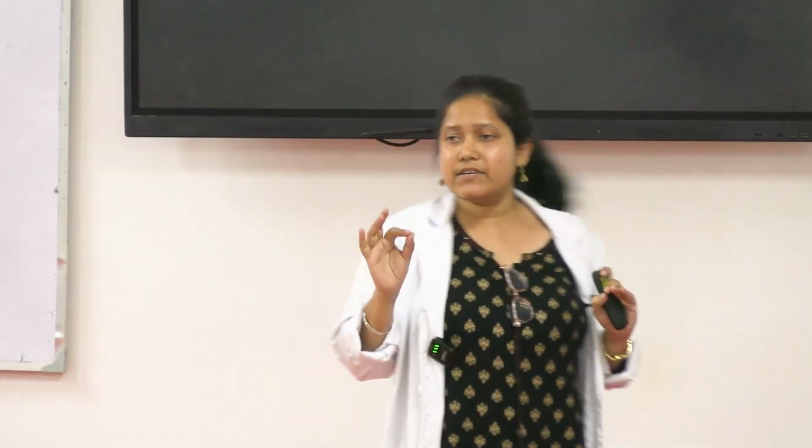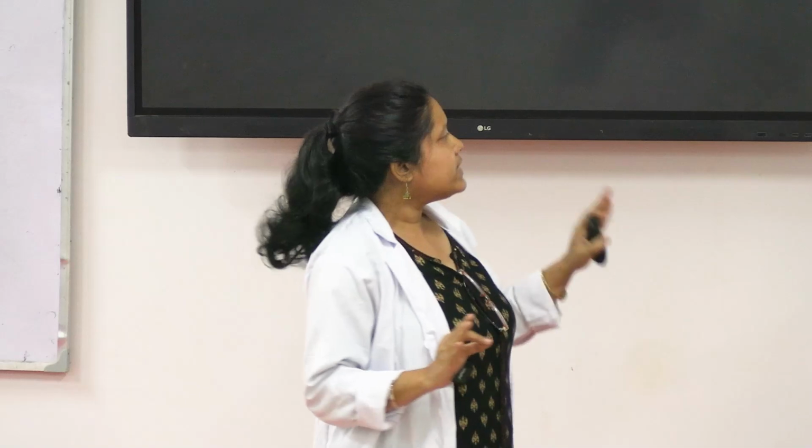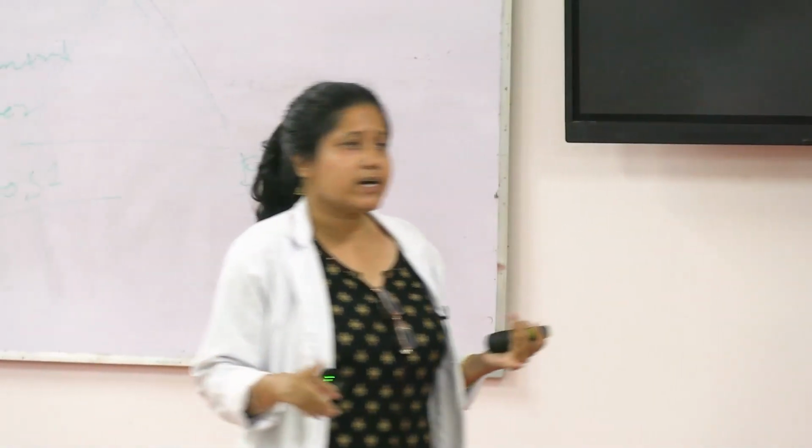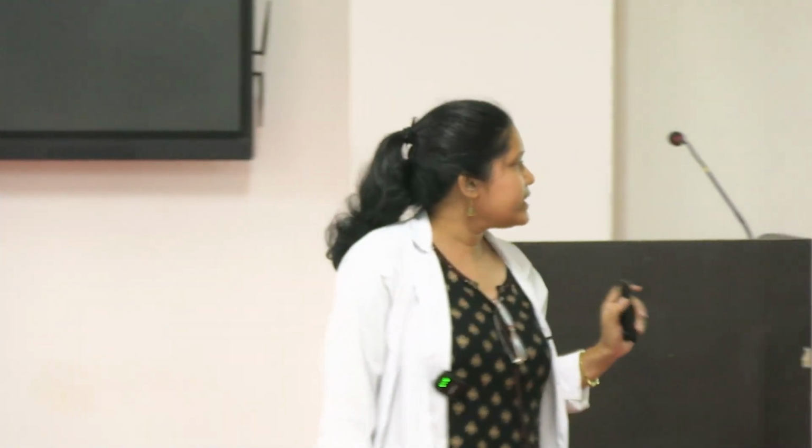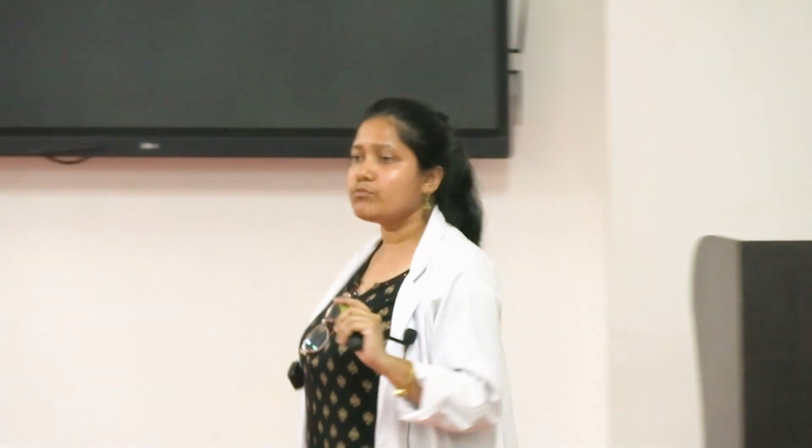Then household contacts less than 5 years or above, and other risk groups who are on immunosuppressive therapy, for example anti-cancer drugs, and dialysis or transplant patients. So what is the regimen? 6 months daily isoniazid, or 3 months weekly isoniazid and rifampicin if the person is more than 2 years.